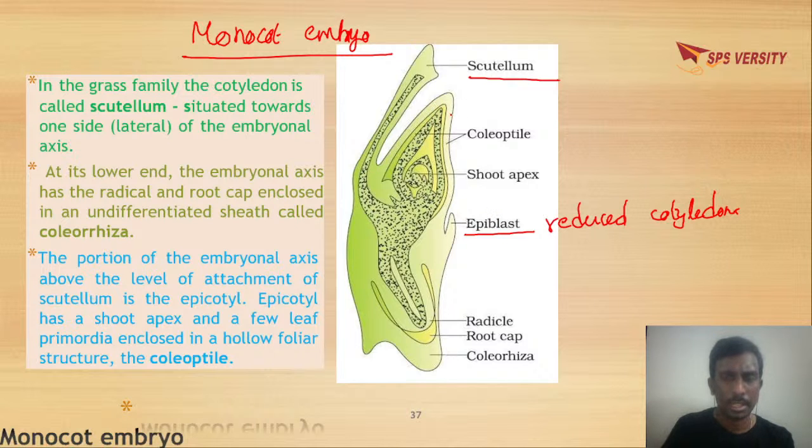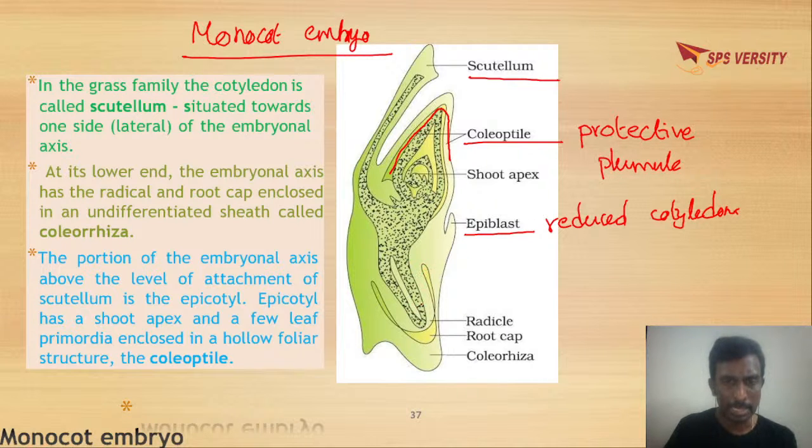Here, in between the cotyledons there is a plumule which gives rise to the shoot system. It is covered by a protective sheath-like structure called the coleoptile, which protects the plumule.